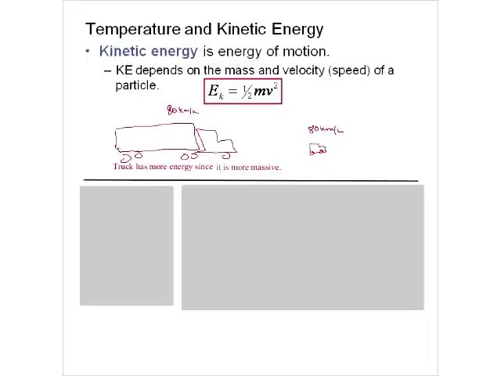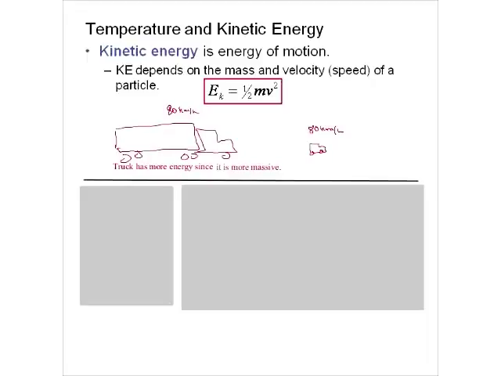They're both traveling at the same velocity, but it's going to take a lot more fuel to get that transport truck moving to 80 kilometers an hour. It's going to burn more gas to keep going. So because the transport truck is more massive, it requires more energy to keep it going at 80. Therefore, the transport truck has more kinetic energy because it's more massive, traveling at the same speed.